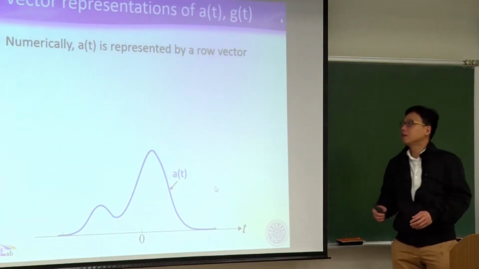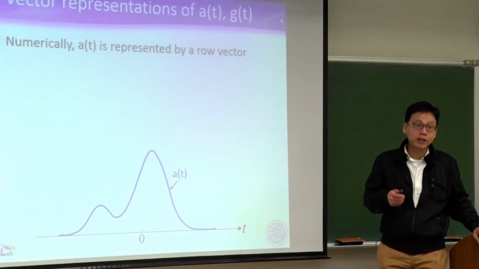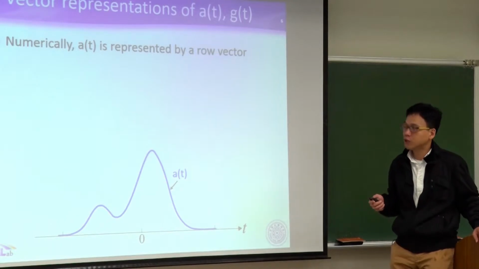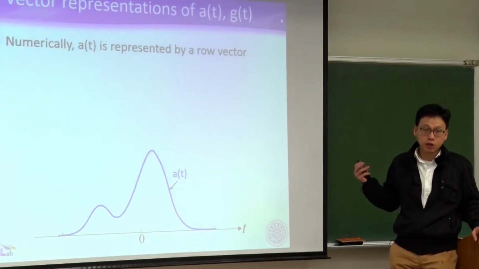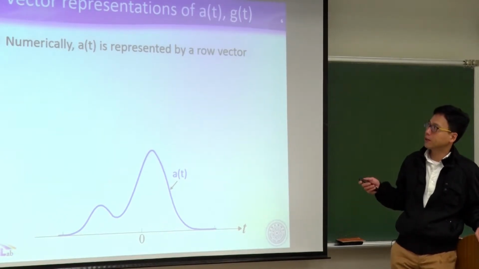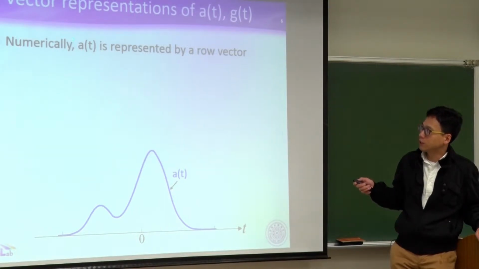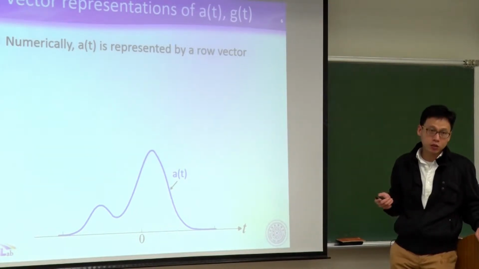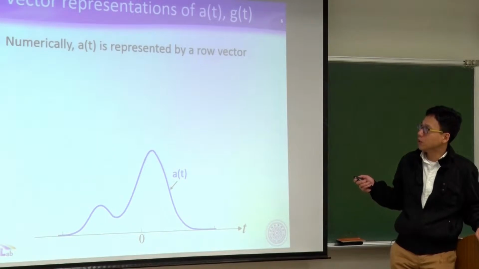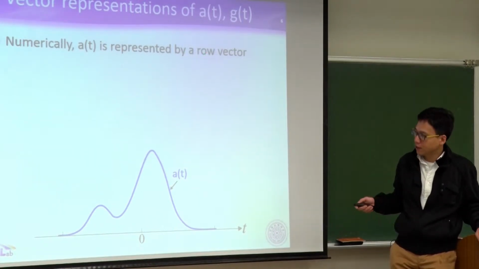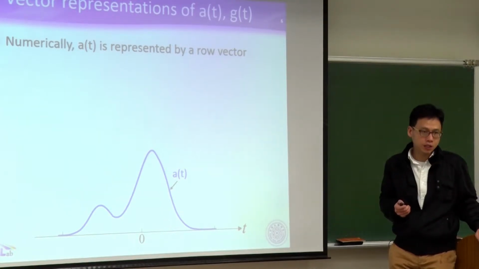Now let's take a practical point of view: how to implement the algorithm numerically. Numerically, a continuous function A of t, which is the signal pulse field, is represented by a row vector. For example, the blue curve represents A of t.